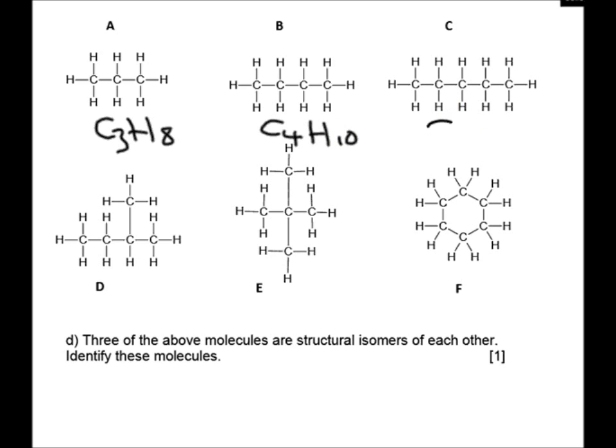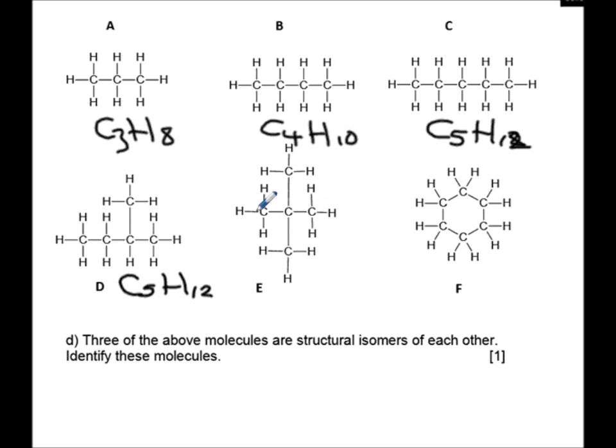Molecule C is C5H12. Now compound D, 1, 2, 3, 4, 5 carbons, so again it's C5H12, even though it's no longer a straight chain molecule, it now has a methyl branch.